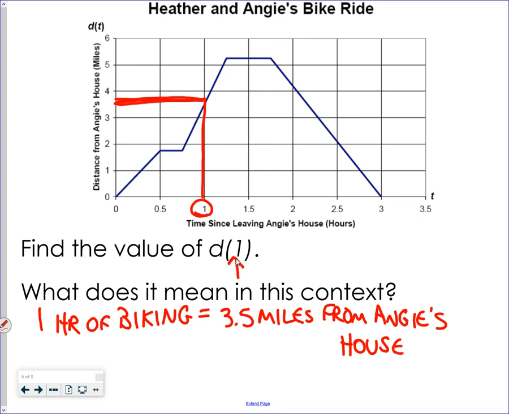So make sure that you understand that the number that's in the parentheses is the input. That's on the x-axis, that's the independent variable. And then when we're looking for the output, the value, that's on the y-axis.